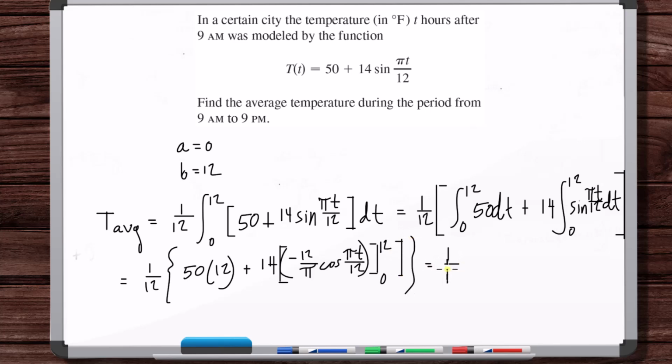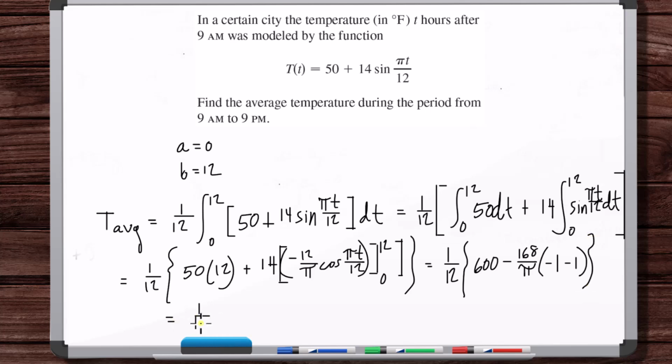Okay, so 1/12, 50 times 12 is 600, plus, taking out the minus 12 over pi, we would have minus 168 over pi, and then cosine of pi t over 12 from 0 to 12. Plugging in 12, that's cosine of pi, which is minus 1, minus cosine of 0.